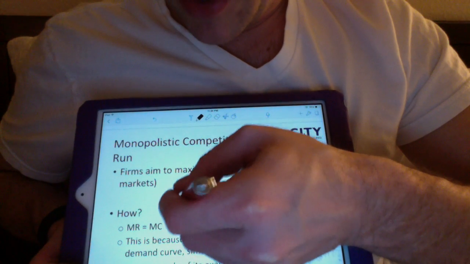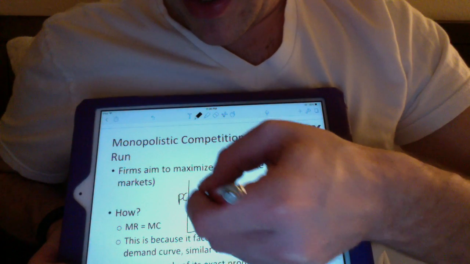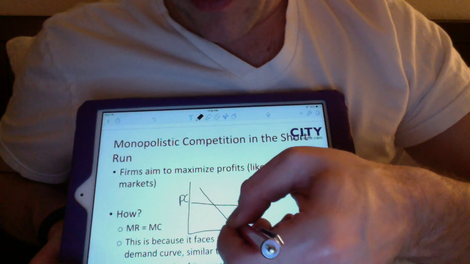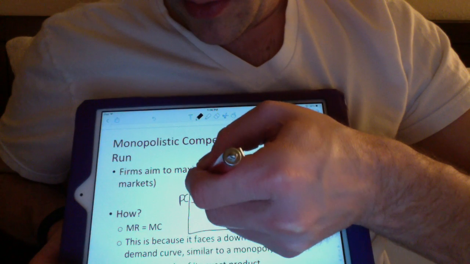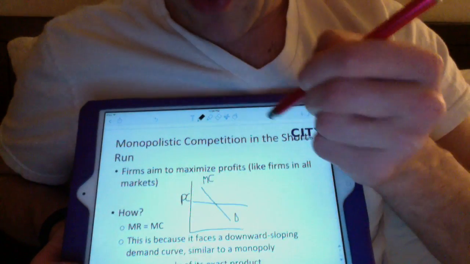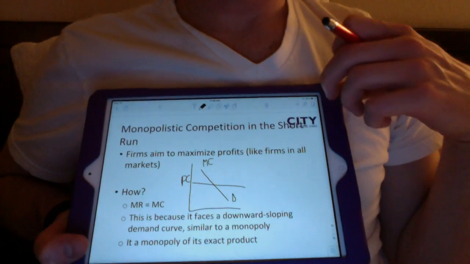That's perfect competition. This is going to be your demand curve for monopolistic competition right there. So you're going to get a slightly different picture because you have an elastic or inelastic demand rather than a perfectly elastic demand.